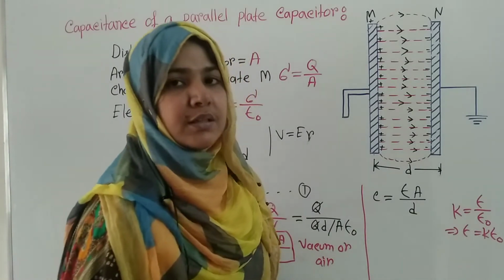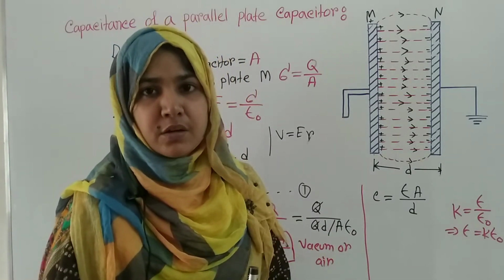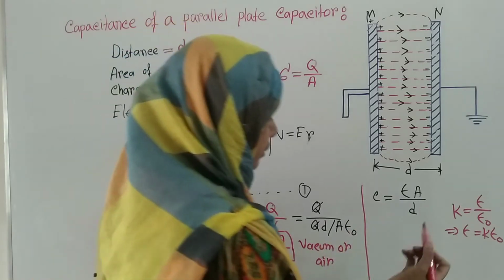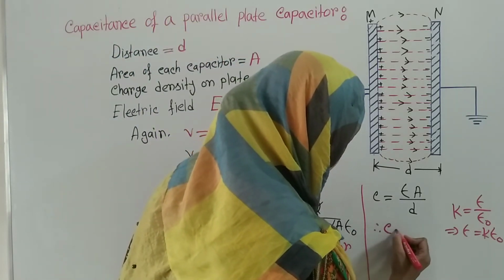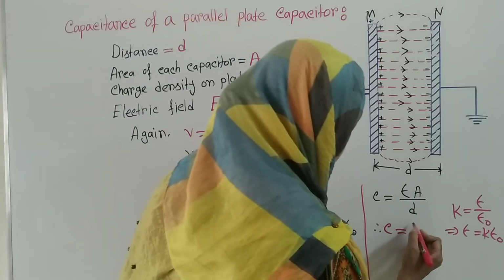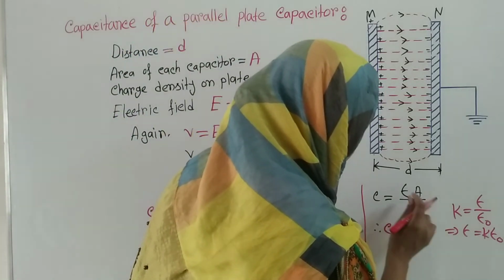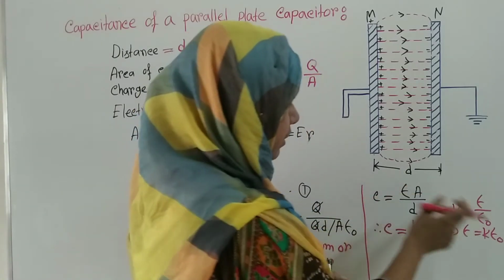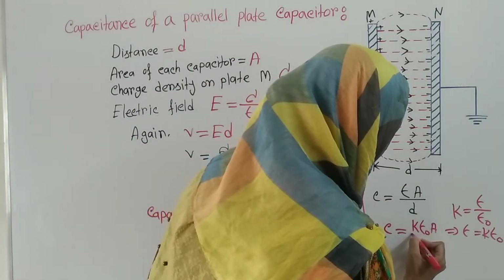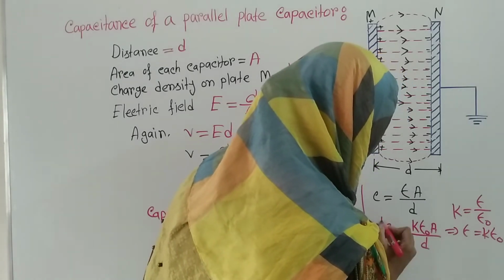So if the value of the dielectric constant is given, we can easily use this formula to calculate parallel plate capacitance. That means instead of epsilon, we can write K epsilon naught A divided by D.